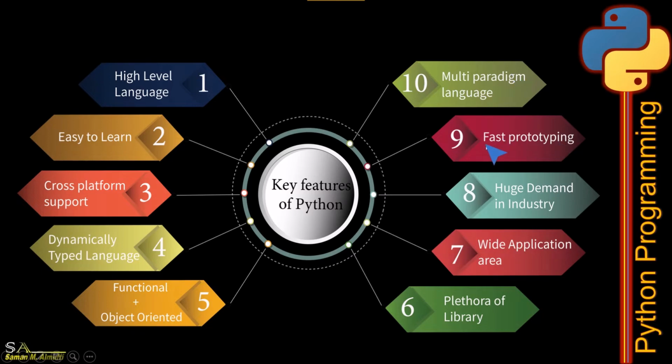Python is a fast prototyping language. Again, in object-oriented programming, for example, if you have a class that has a huge number of functions and variables declared in it, we can easily copy that class and make a change in the copied class without affecting the original class.